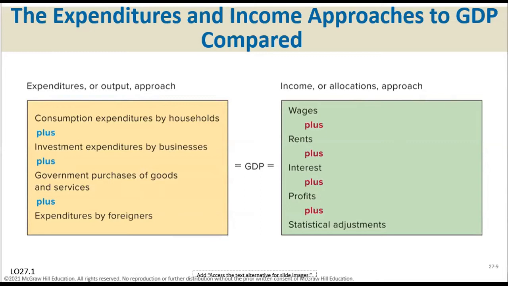The second one is rent. Third one is interest earned on capital, and profit from entrepreneurial ability. At the end, we have a statistical adjustment that we put here to be able to balance the above. Each of these items will be further discussed throughout the chapter.